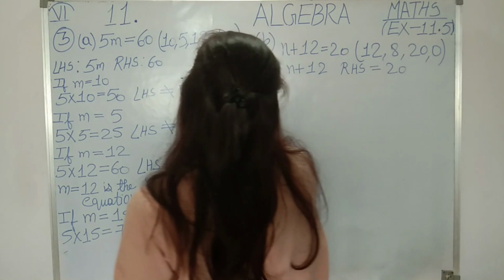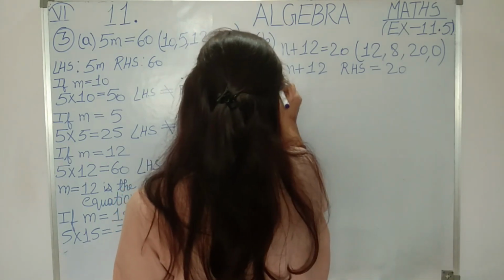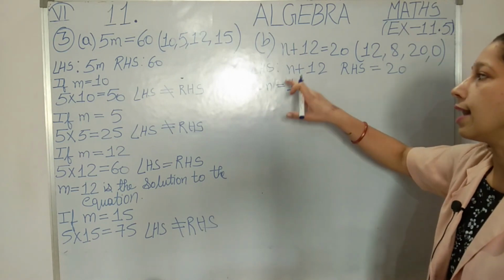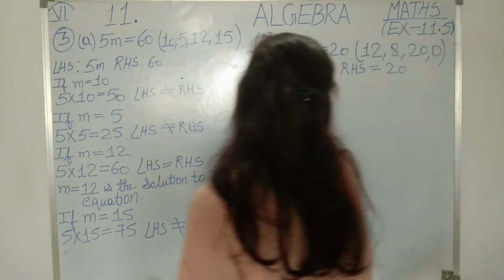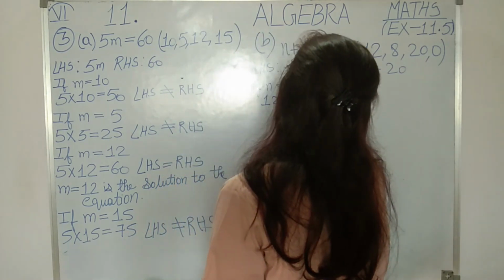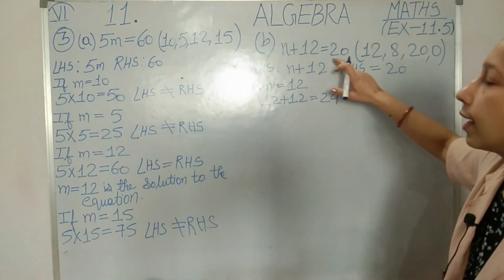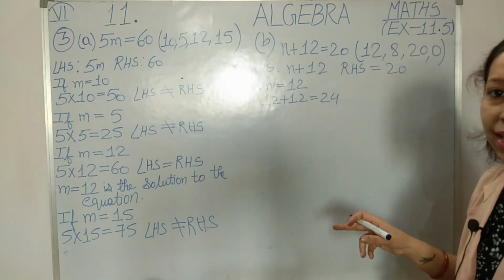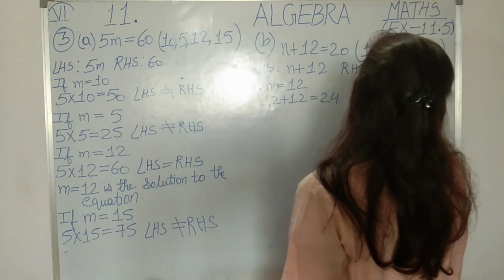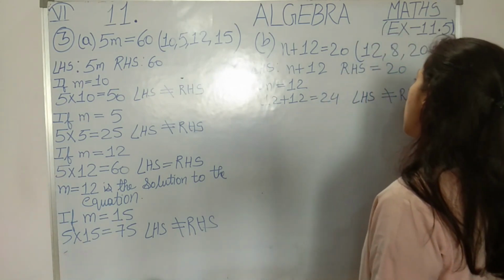Then the first value of n is given. n is equal to 12. Now in place of this n, I am going to keep 12. So students, 12 plus 12 will give us 24. But here my RHS is 20. So is the equation satisfied? No. So simply I will write LHS is not equal to RHS.